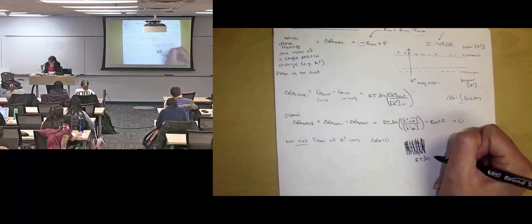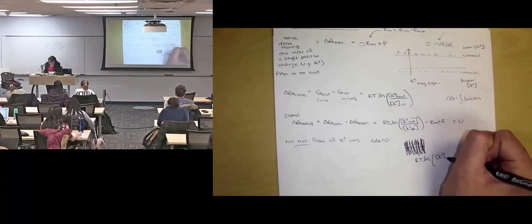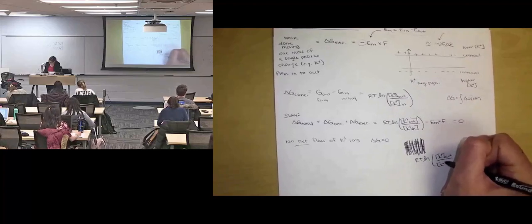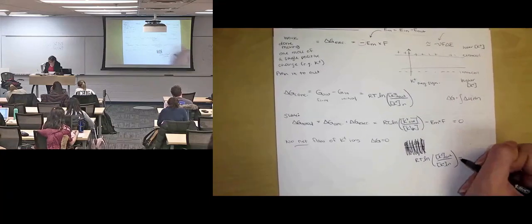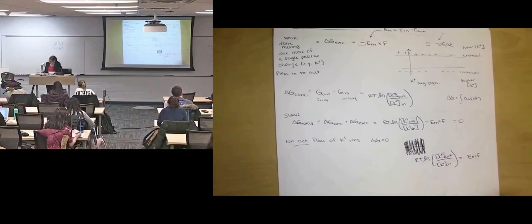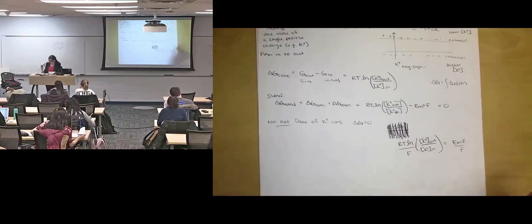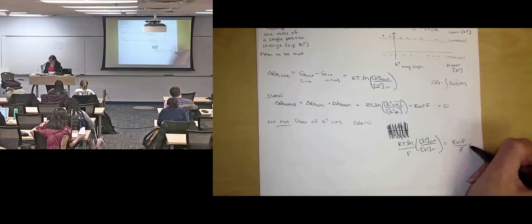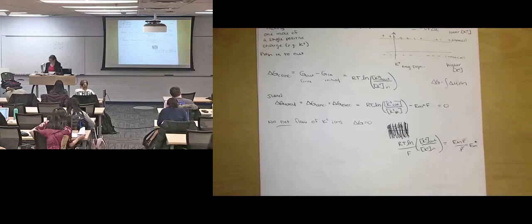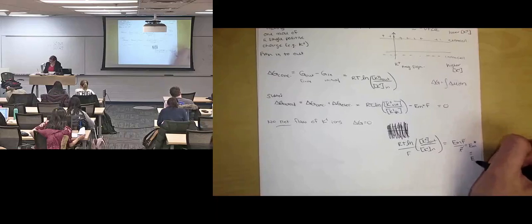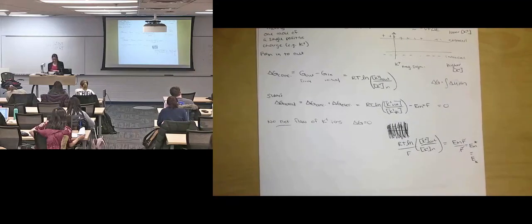RT, the natural log of K plus outside over the concentration on the inside would be equal to, and I'm just going to divide both sides by Faraday's constant. Basically this is equal to the resting membrane potential, or E sub K if the only thing contributing is potassium.